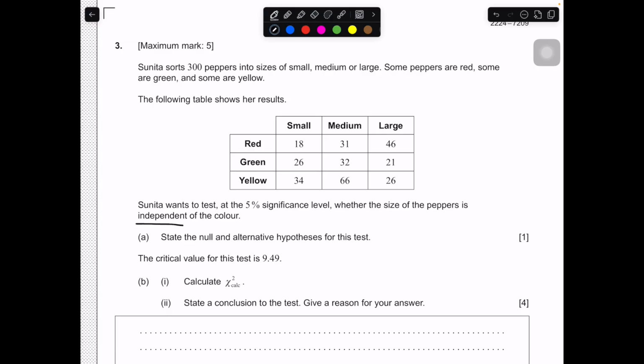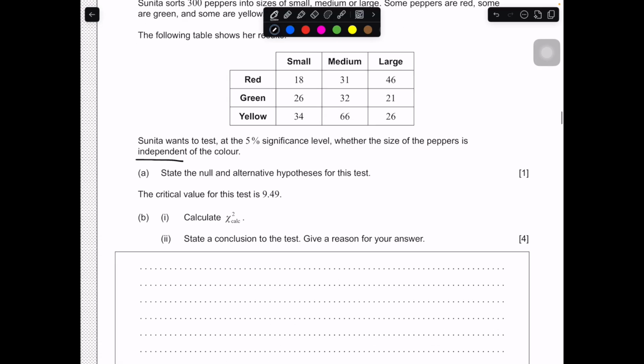So let's go through part A. We're in this chi-squared independence test. Part A asks us to state the null and alternative hypotheses. Chi-squared independence tests will always have a null hypothesis and an alternative hypothesis. The null hypothesis is always going to be: blank is independent of blank, the other variable.